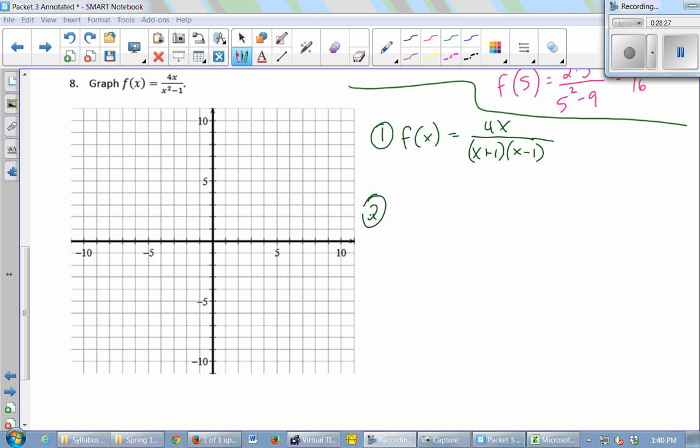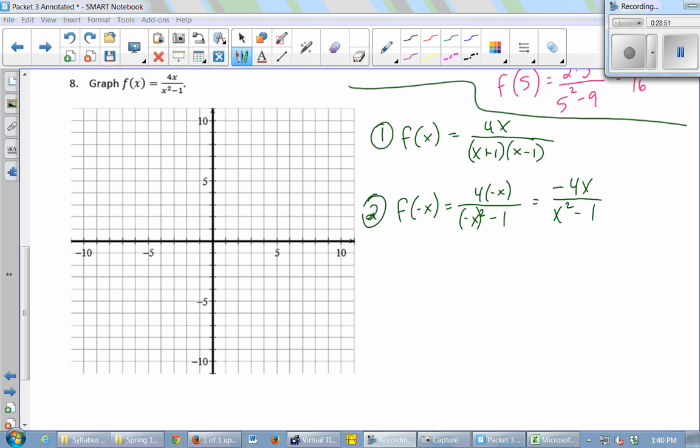Step 2, check for symmetry. So I'm going to plug in a negative x, and I get 4 times negative x over negative x squared minus 1. 4 times negative x is negative 4x. Negative x squared gives me positive x squared minus 1.